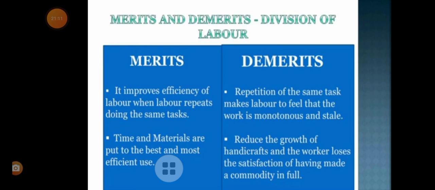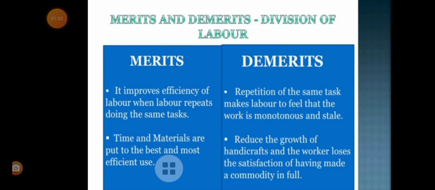Demerits: it reduces the growth of handicrafts, and the worker loses the satisfaction of having made a commodity in full. Handicrafts will be reduced in growth. Everywhere you could see many tailor shops.